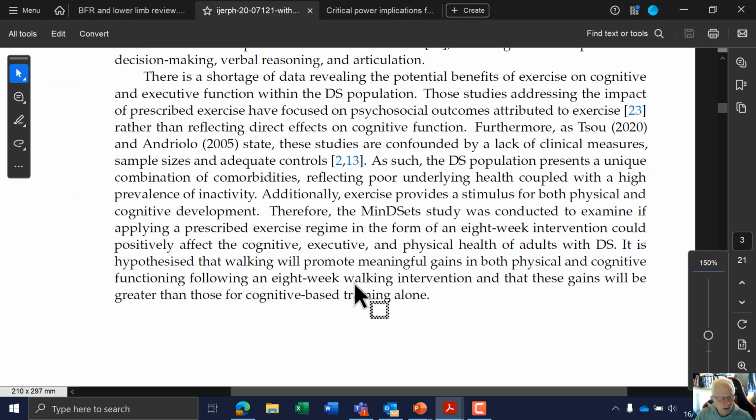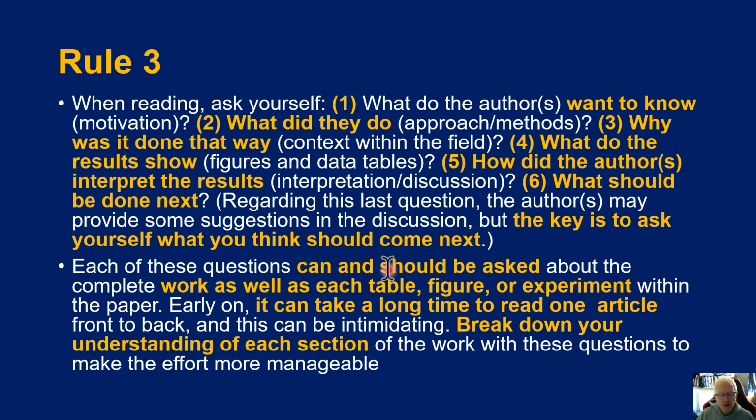Okay, there we go. The MINDSET study was conducted to examine if applying a prescribed exercise regime in the form of an 8-week intervention could positively affect the cognitive, executive, and physical health of adults with Down syndrome. It is hypothesized that walking will promote, so they're telling you what they wanted to do. Then we go to, well, what did they do?